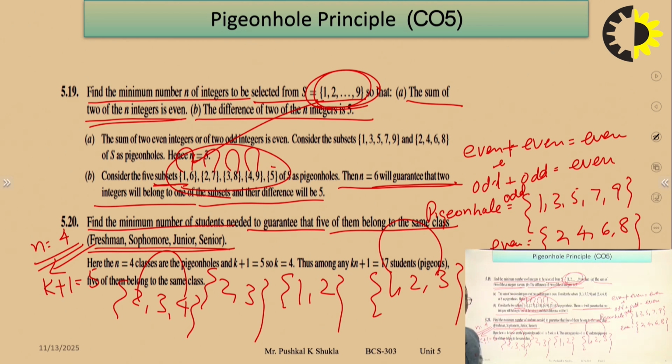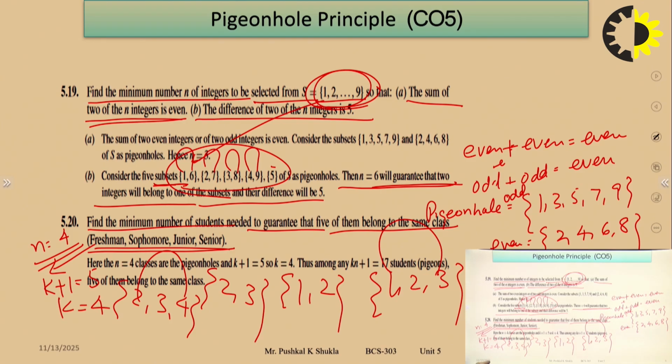It says if n pigeonholes are occupied by kn plus 1 or more pigeons, then there must be at least one pigeonhole which has more than k, that is k plus 1 or more, pigeons. So here k plus 1 is given as 5, then k equals 4.